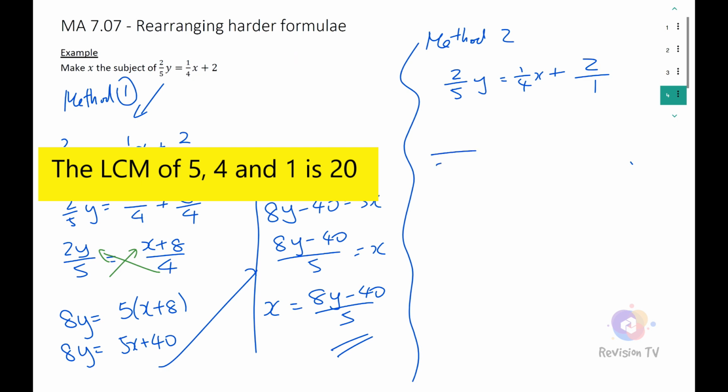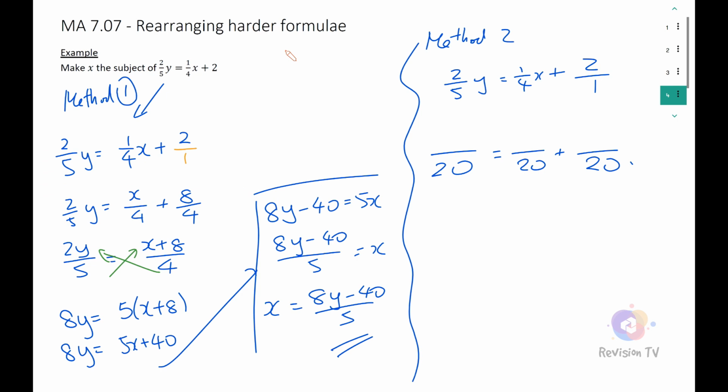So I'm going to turn all of them into 20. Now, the first fraction, I need to times this by 4, times this by 5, times this by 20. So 2y times 4, 8y, 1x times 5, 5x, 2 times 20, 40.